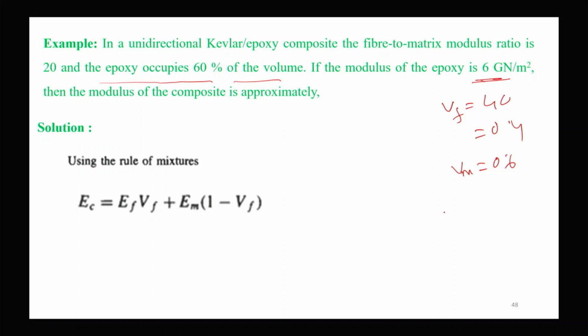So it's very simple. The modulus of fiber we can get: 6 multiplied by 20, which is 120 giganewton per square meter. Our modulus of matrix is given as 6.